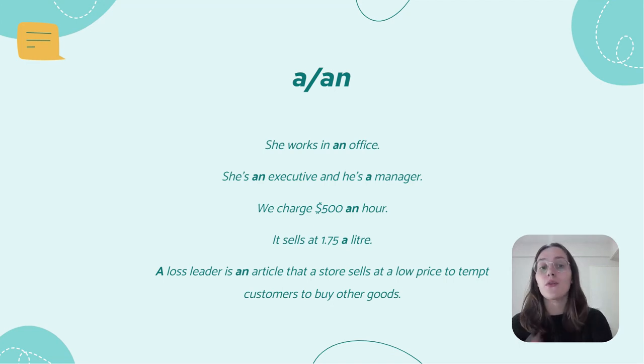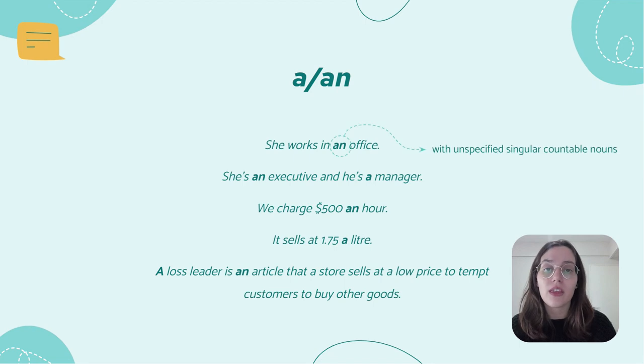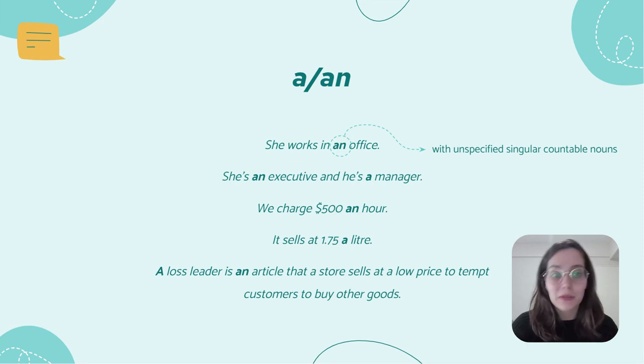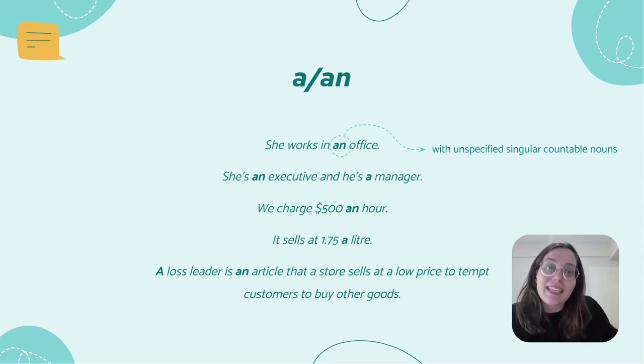So, of course, the uses differ, but all in all, every time we use this article, we mean an unspecified singular countable noun. But the meaning would be that of any of this kind, okay? That's why it's indefinite, because it is unspecified. That's the meaning that this carries.